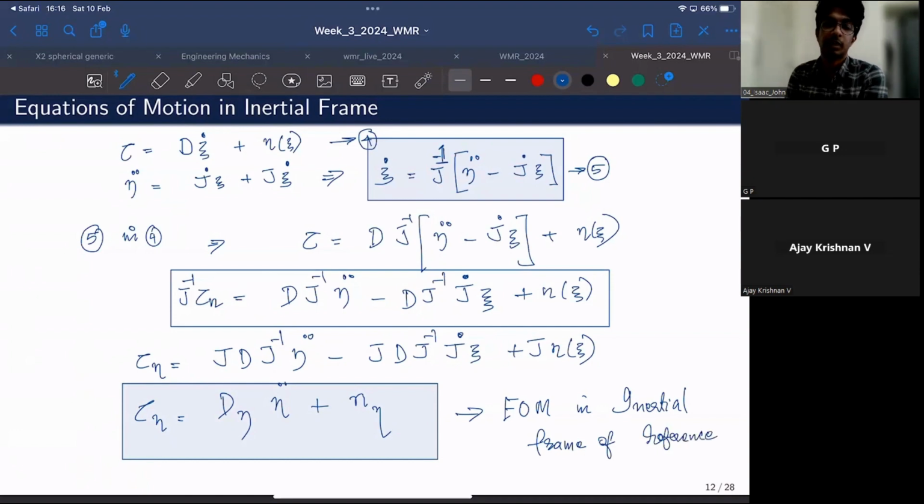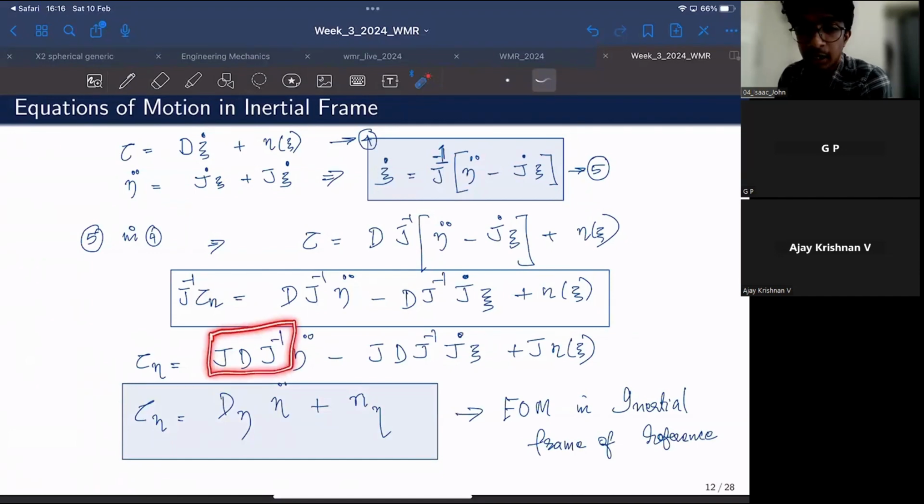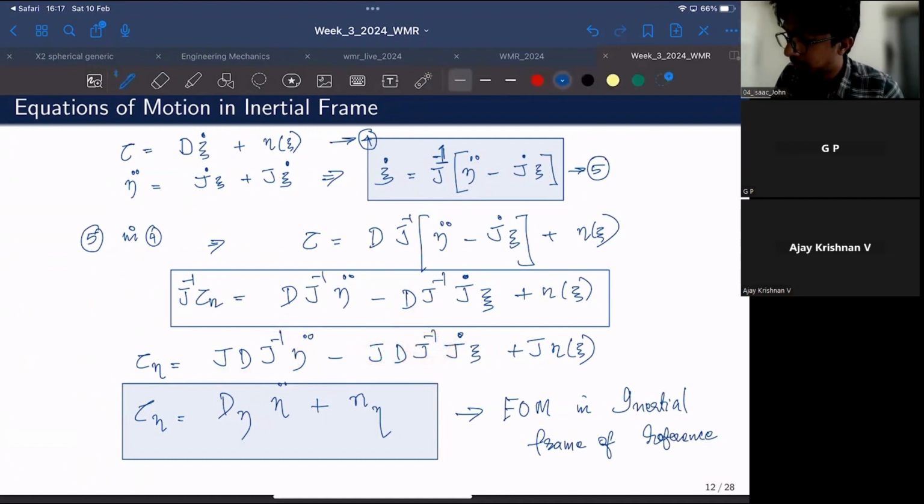Just like in the case of the body-fixed frame of reference, you can also see that this is going to be a positive definite symmetric matrix. Again, if you call this D of eta, the same term also appears here. So I'll just mark it to understand.